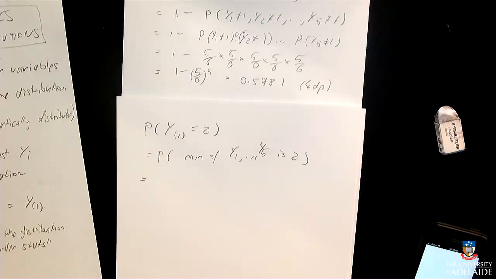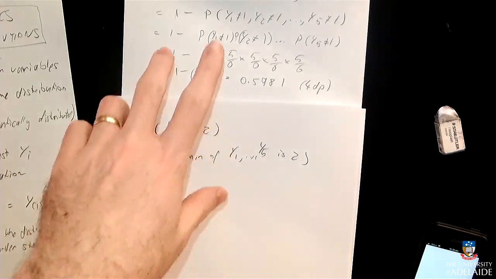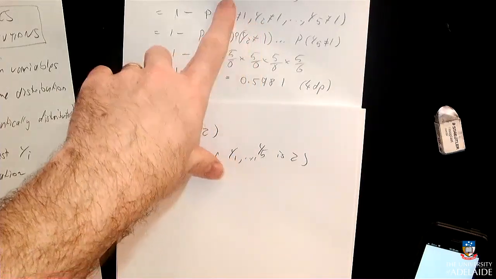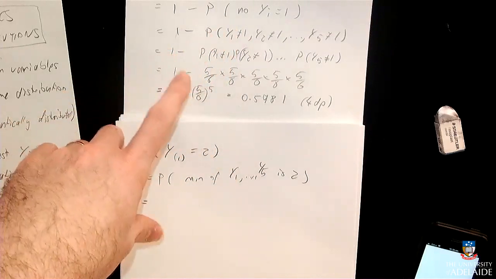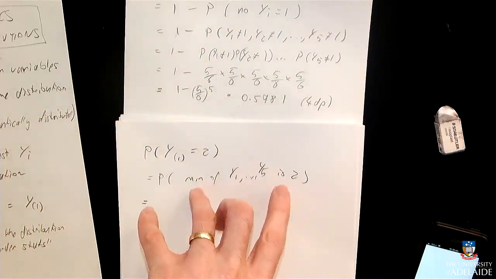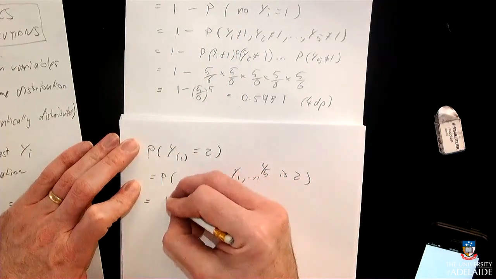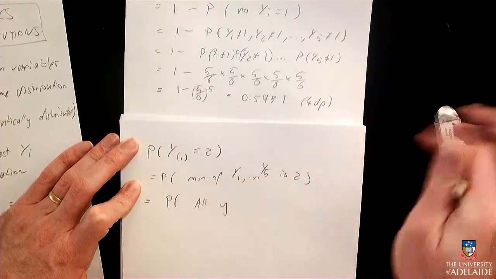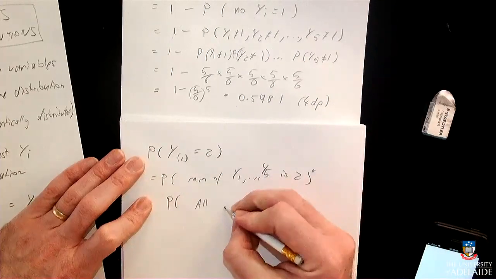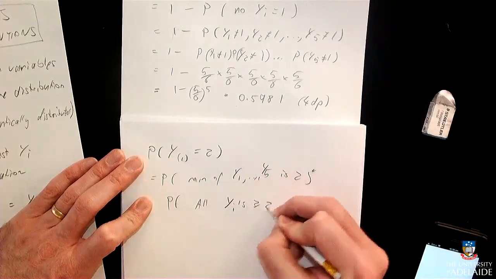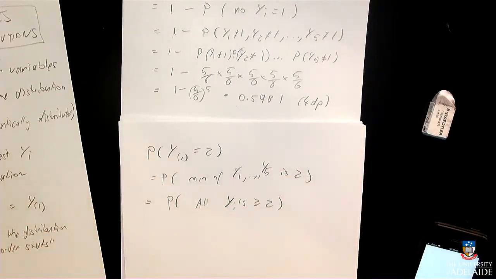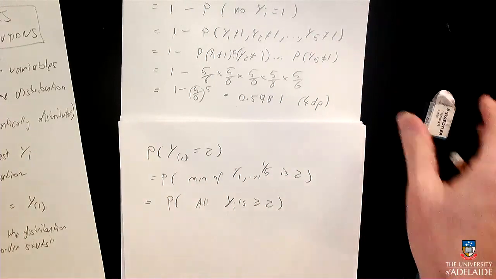But let me just do the other one. I switched it around to the opposite to figure it out. So maybe I could do that as well. The probability of getting everything greater than or equal to 2, actually just a second, that's all yi's are greater than or equal to 2, and there has to be at least one 2. Oh, crap.